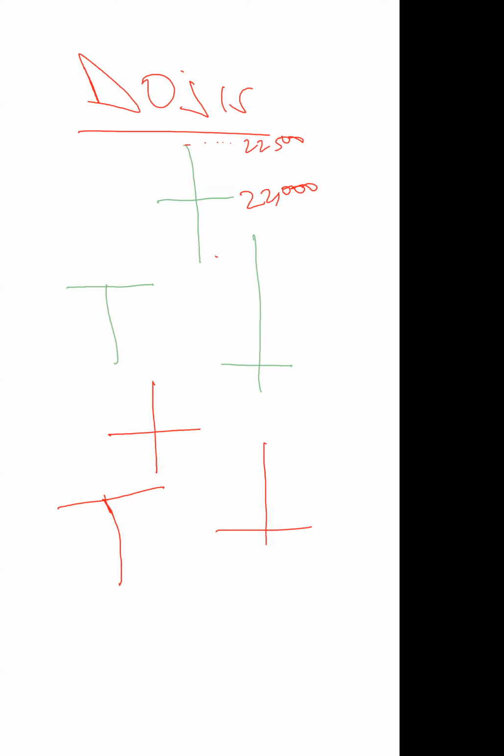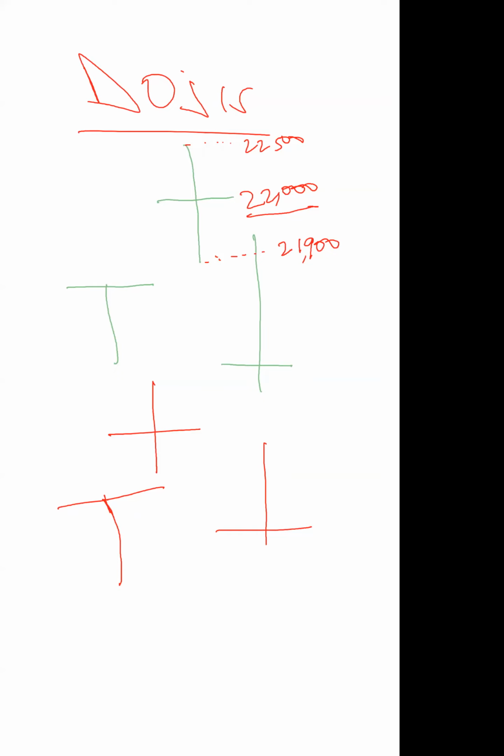Then it goes down, let's say to 21,900. But by the time the hour closes, or the day closes, it is still at 22,000. So what does that mean? It means the buyers and the sellers are all equal in strength at this point.